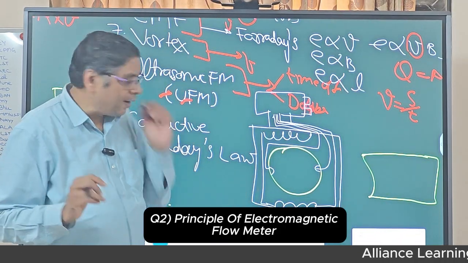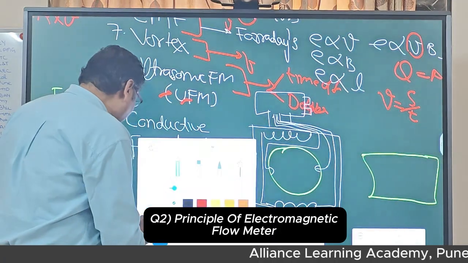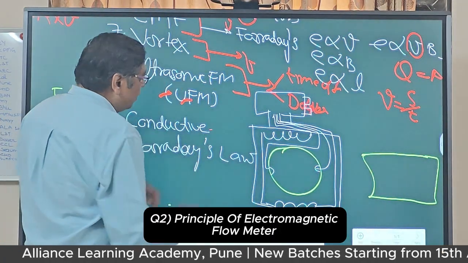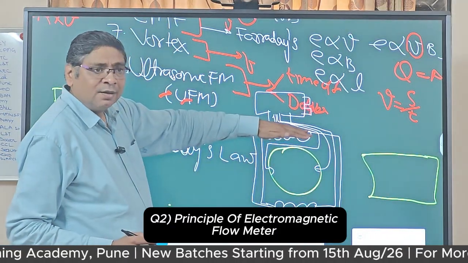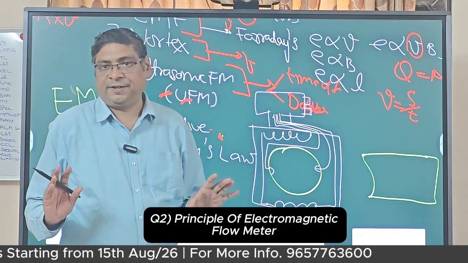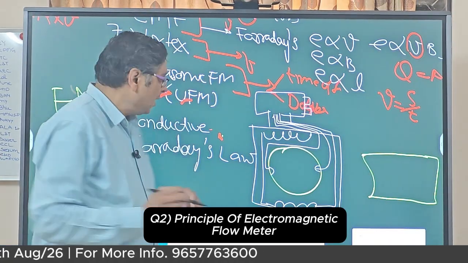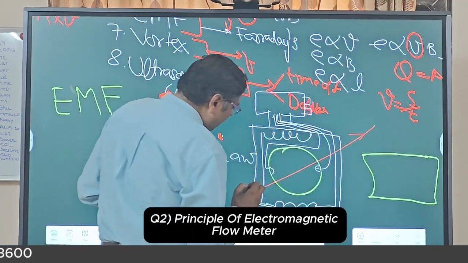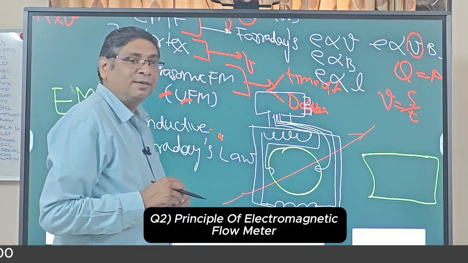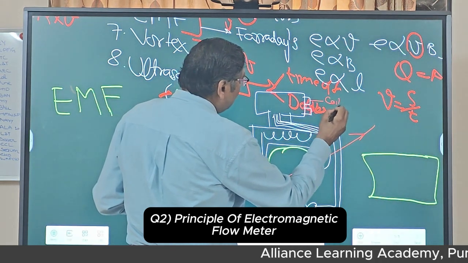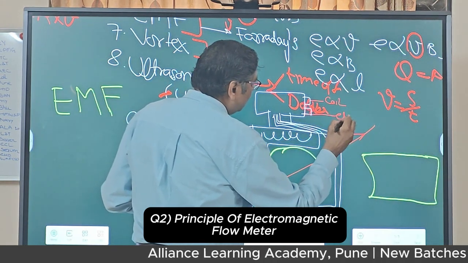Now what's happening inside this? Now I have coils. When I give a current to the coil, a known magnetic field will be generated. And water or any fluid is moving inside this. This is the coil, this is the electrode.